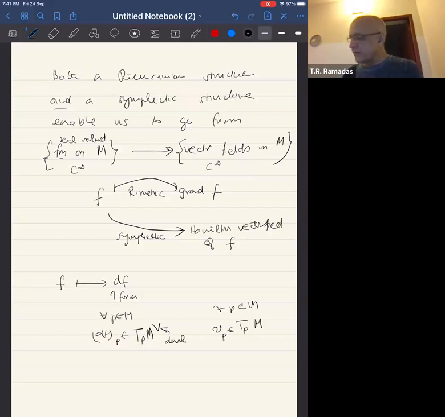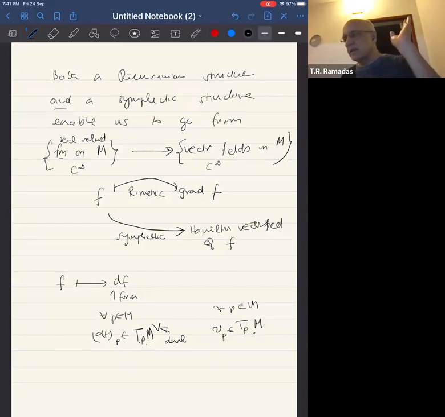So how do I go from the dual of the tangent space to the tangent space? Well, use one of these structures. If I have a Riemannian metric, I can use the metric to identify the dual of the tangent space with the tangent space.